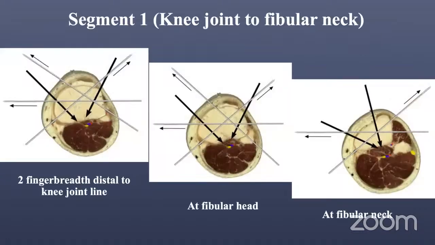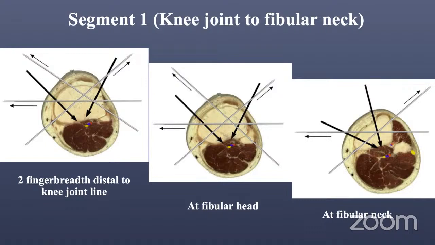So if we see these few sections of segment 1, we can figure out that there is the coronal plane wire, which is parallel to the ground. Then we have the medial face wire. And depending on the level, if you are proximal to the fibular head, an additional wire can be placed from posterolateral directed anteromedially, and 2 to 3 half pins can also be used on the anteromedial and anterolateral surface of the tibia.